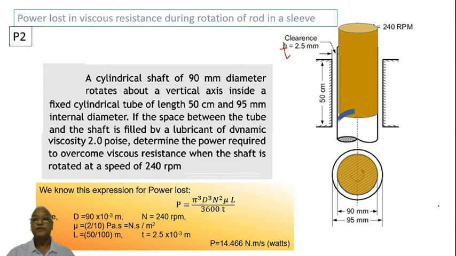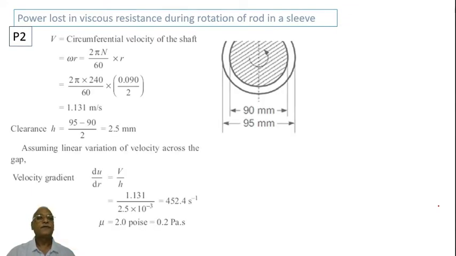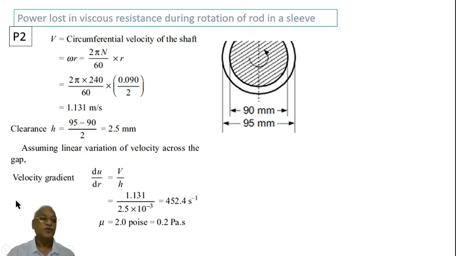Okay, we'll see the details. This is the rotating shaft shown here. Now, if you want to solve the same problem using fundamentals, see what is done here. Consider the circumferential velocity.